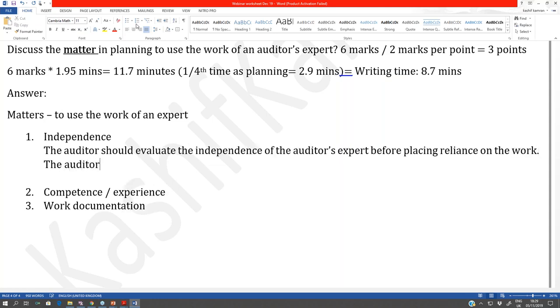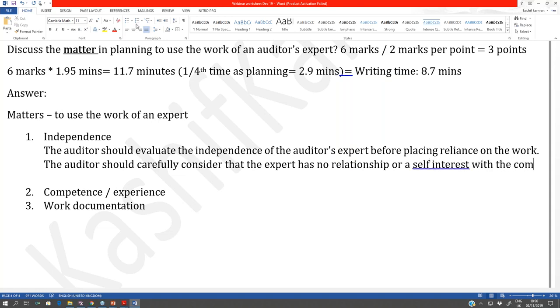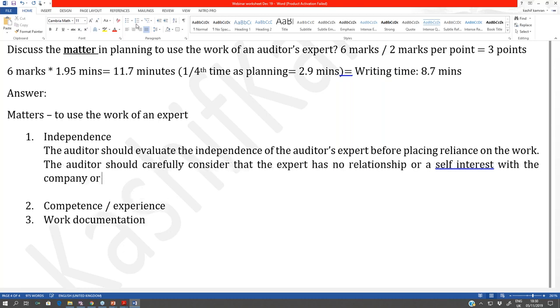The auditor should carefully consider that the expert has no relationship or a self-interest with the company or the management.